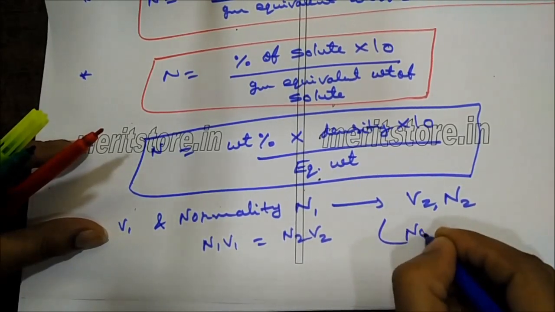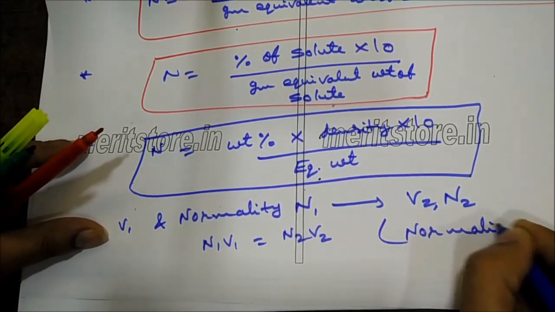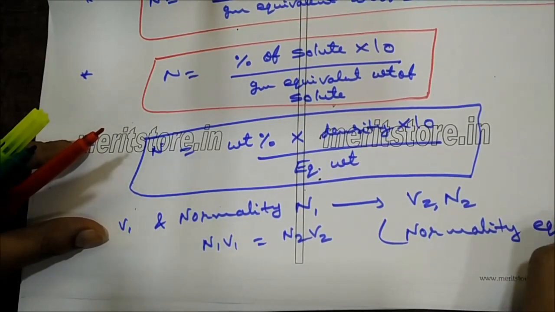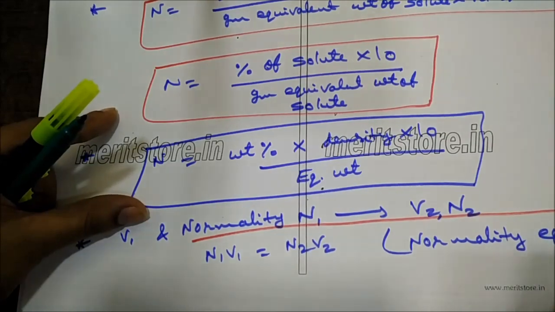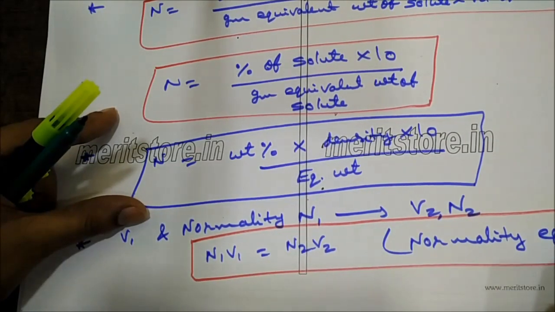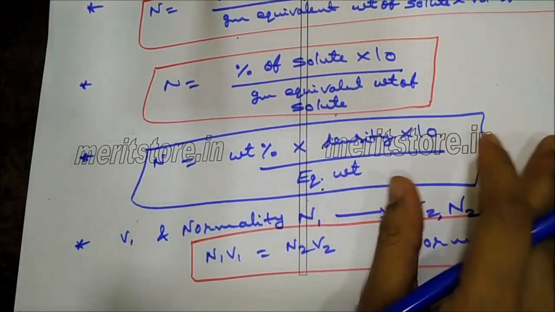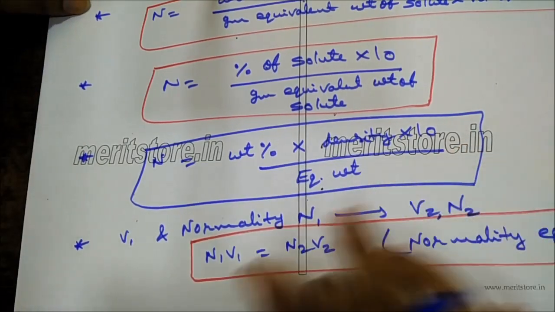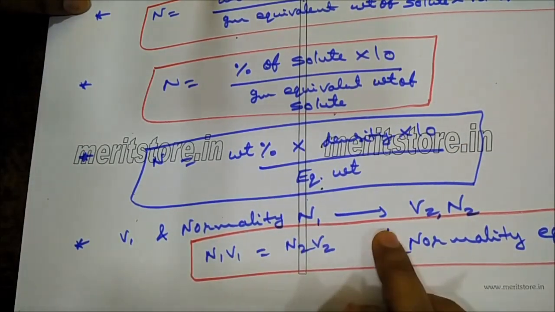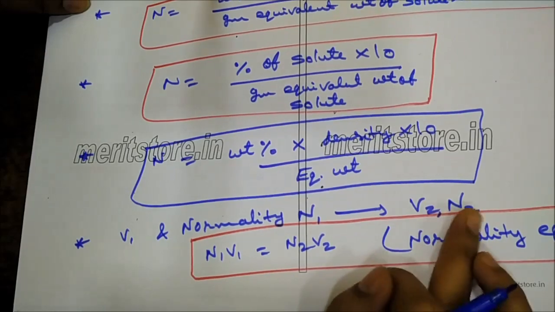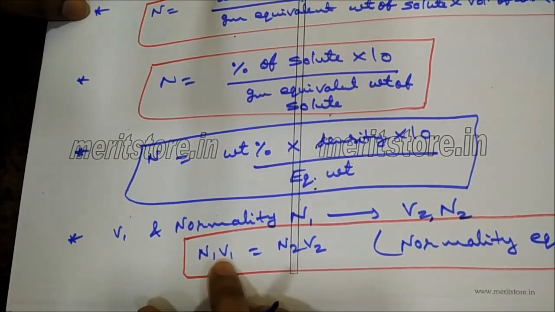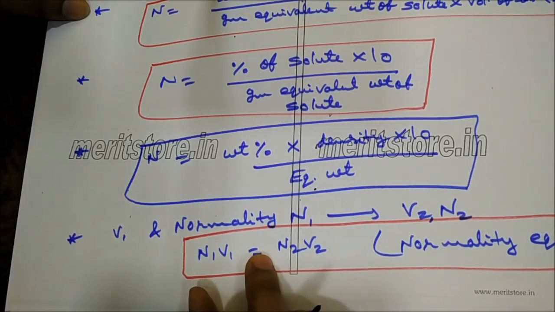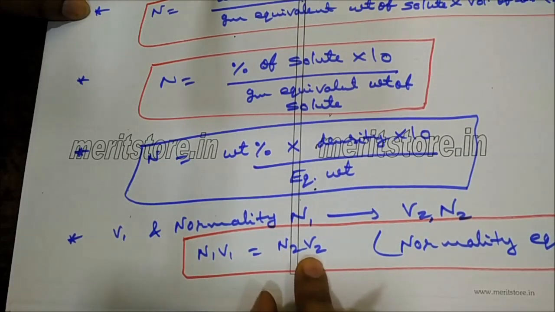This is called the normality equation. So for a solution, if its normality or volume is changed from N1 V1 to N2 V2, then the product of its normality and volume will always be a constant.